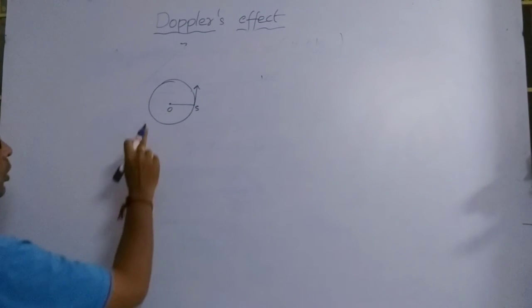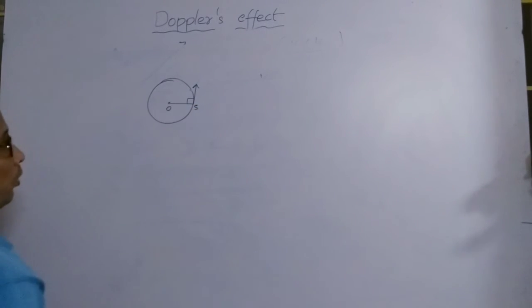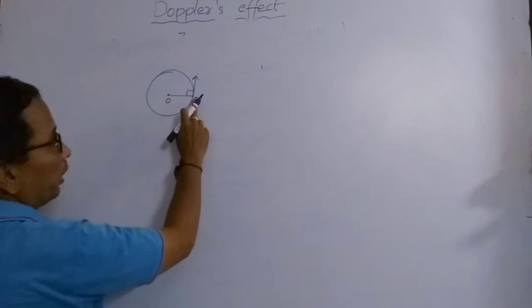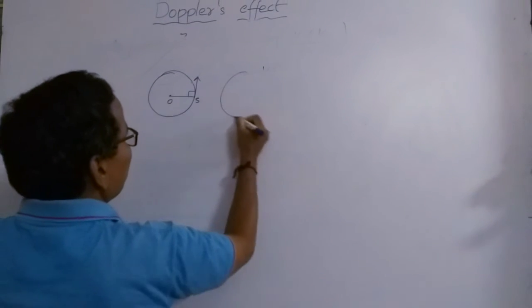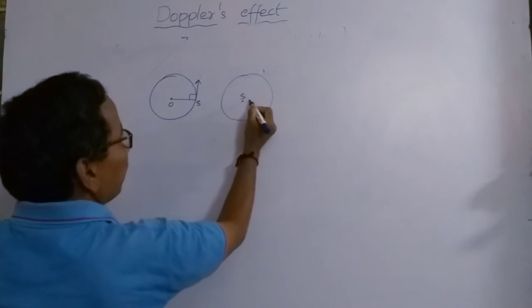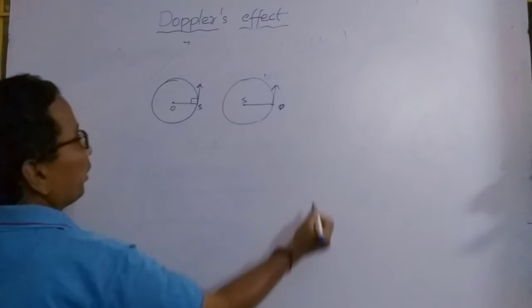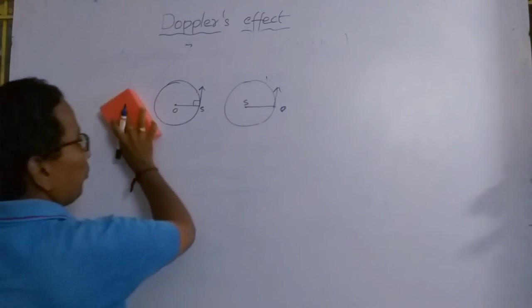There is no Doppler effect. Why? Because they are perpendicular. The component of the velocity of the source is at 90 degrees, and cos 90 is 0. And similarly, if the source is at the center and the observer is moving like this, in this case also there is no Doppler effect.